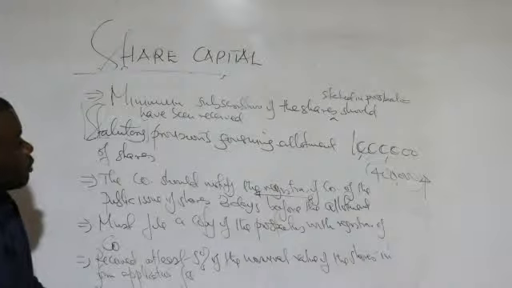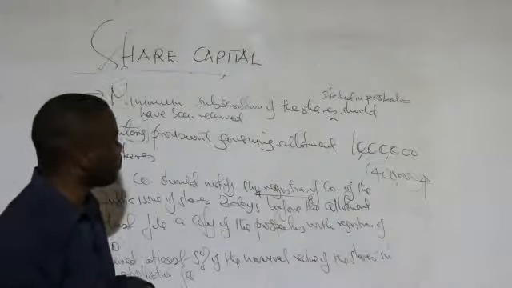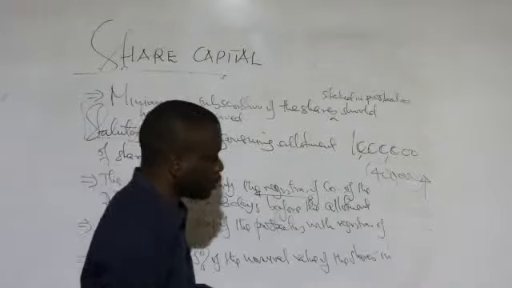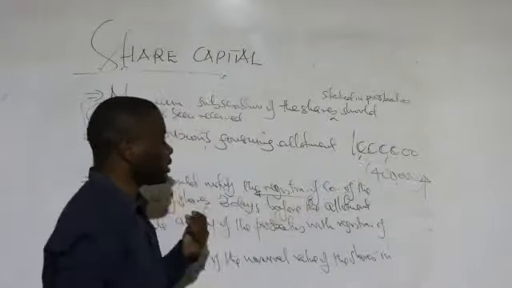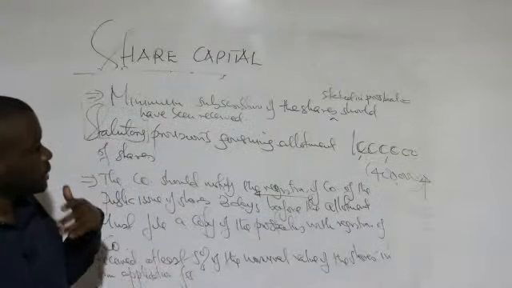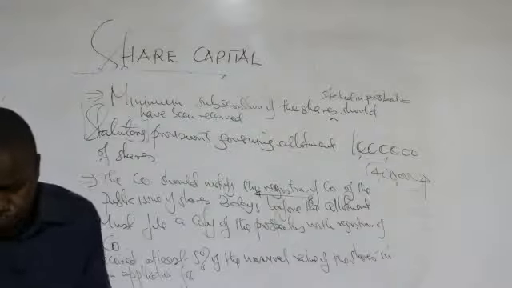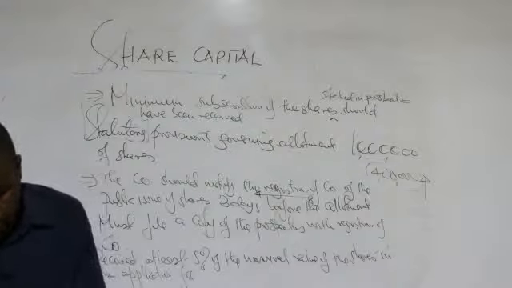So the minimum subscription stated in the prospectus must have been received before the company can allot the shares. They'll only allot the shares if they have met the minimum subscription stated in the prospectus of the company that was issued to invite members of the public to buy its shares.